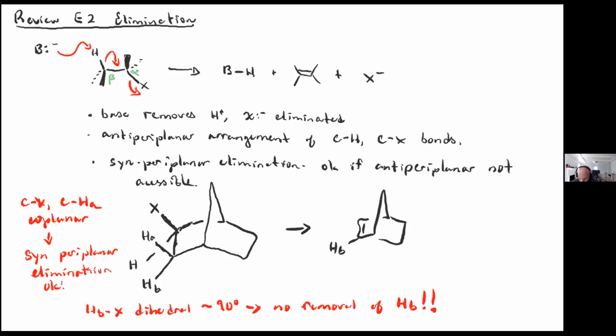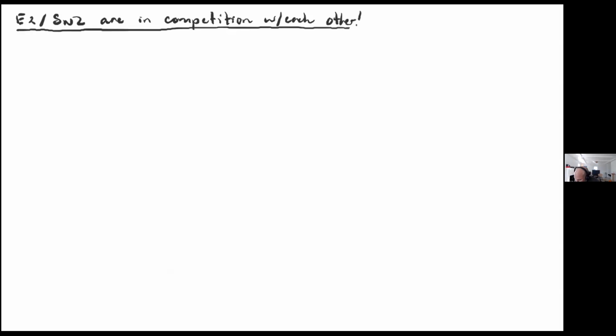We'll spend a couple minutes talking about the things that tilt a reaction pathway towards an elimination at the expense of substitution. I'll list the three factors that favor E2, and then we'll drill down on each of them.